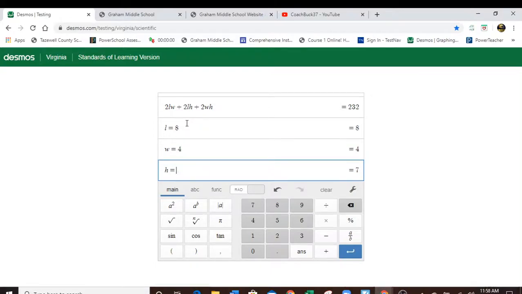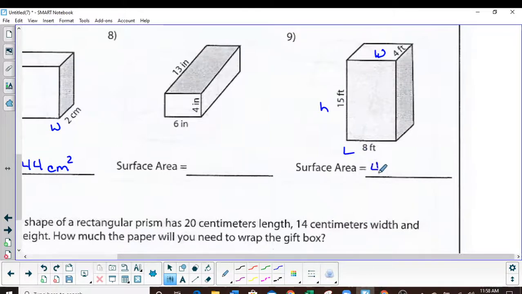Height was 15. 424. 424 feet squared, or square feet. Either way, doesn't matter.